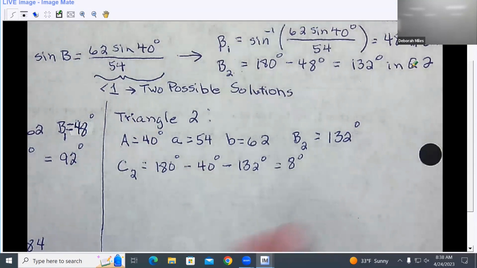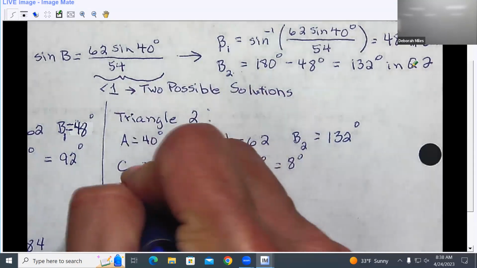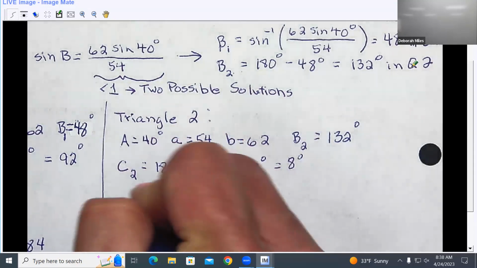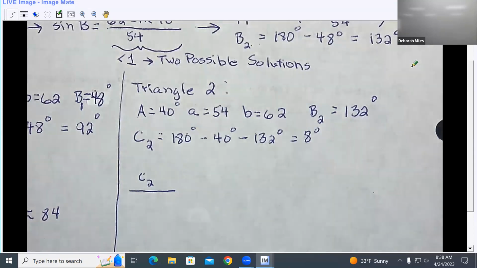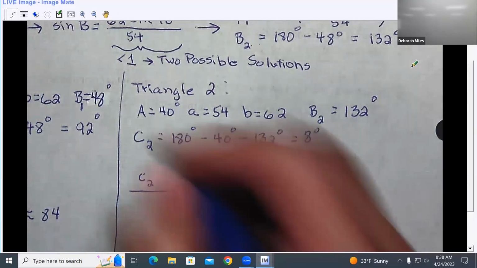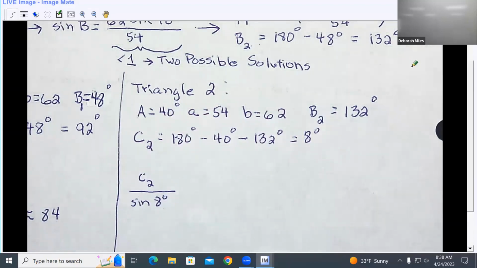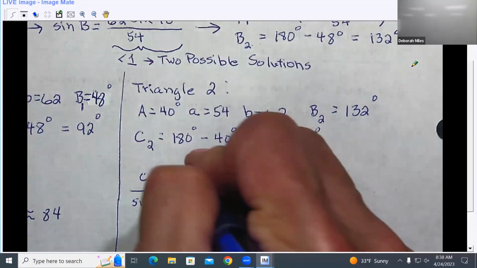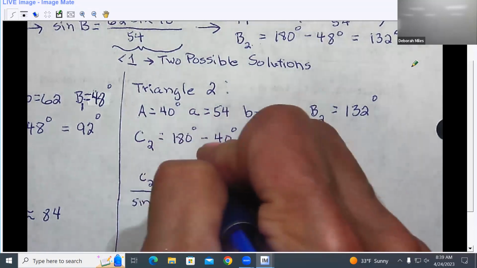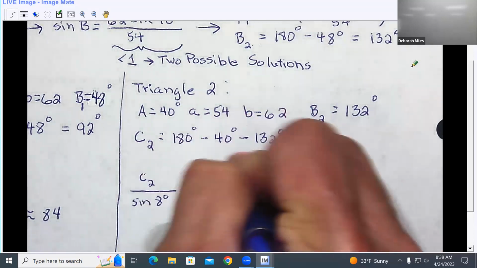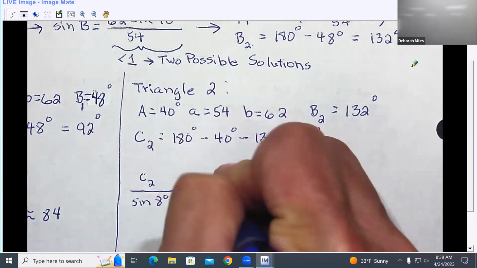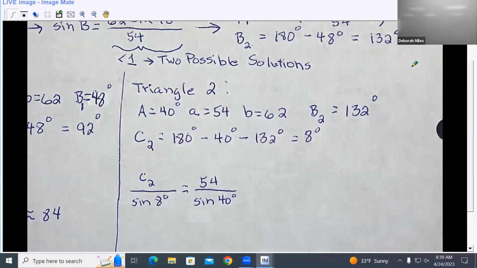We have our three angles. We need our side C, side little c2. So side C2 is the sine of 8 degrees equals 54 over sine of 40 degrees.